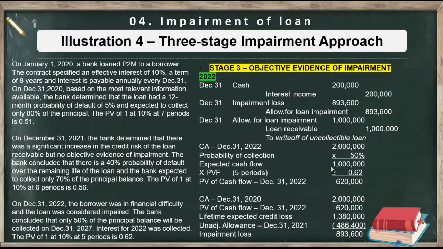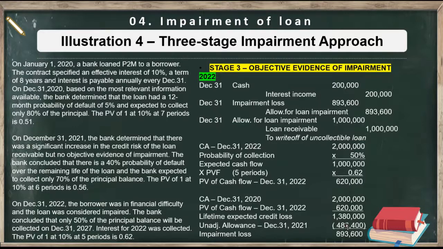Okay? So if you're asked in 2022, how much is the interest income? The answer would be 200,000. If you're asked, how much is the impairment loss for the year? The answer would be 893,600. If you're asked, what is the balance of the allowance for loan impairment?